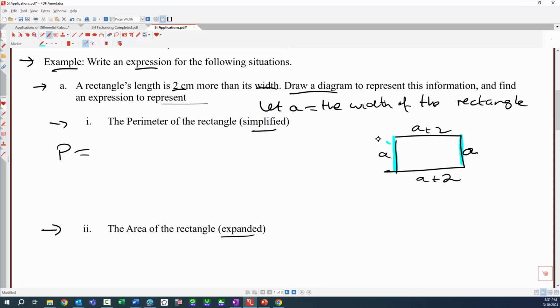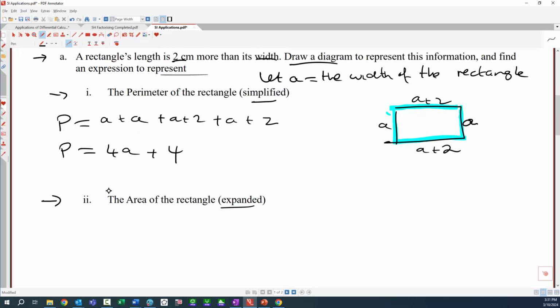So we add A plus A, and then the other two parts, A plus 2 and A plus 2, and you can see there that I've got the whole perimeter. So plus A plus 2 plus A plus 2. The perimeter is going to be A plus A plus A plus A, which is 4A, and then 2 plus 2, which is 4.